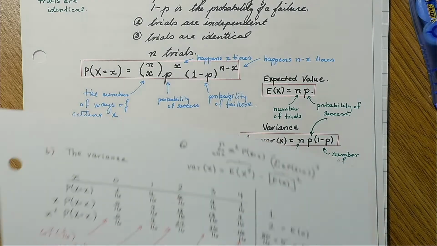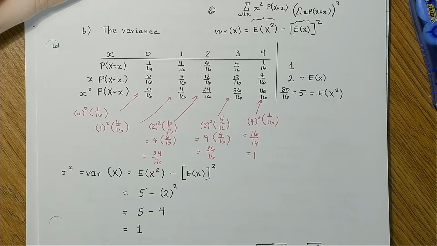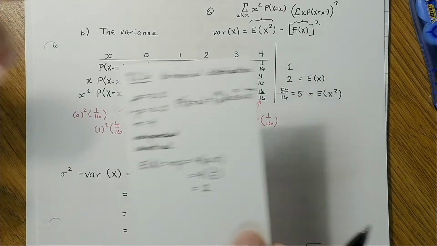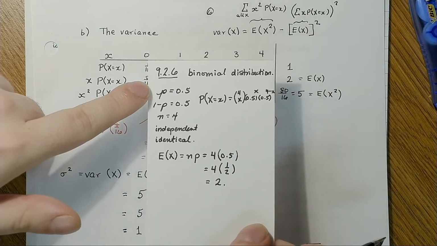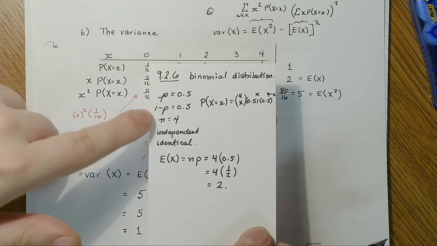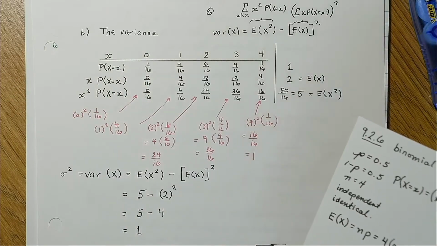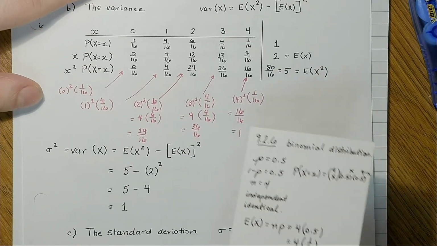So going back to that example, this was from yesterday when we were calculating the variance. So here's my card. I have from 9.2.6, again, the probability of success was 0.5, failure was 0.5. There's n trials. So we did the calculation and we got 1.